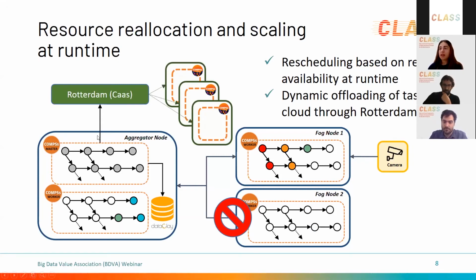But still, COMPSS is connected to the Rotterdam Container as a Service, and if needed, it can request the deployment of a COMPSS worker in a dynamic way to the cloud. So Rotterdam will get the requirements from COMPSS, create a pod cluster and a Kubernetes cluster, and deploy and scale as many workers as needed.